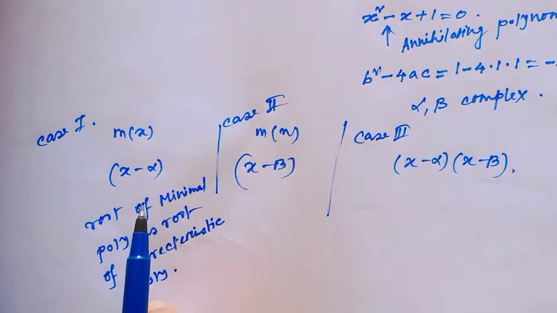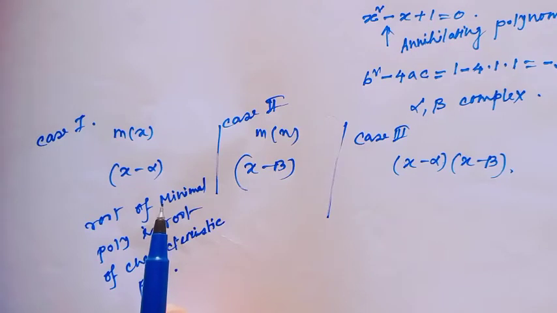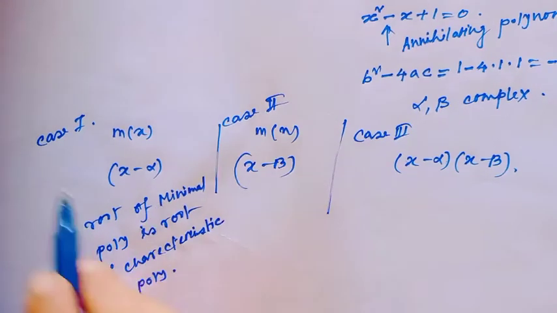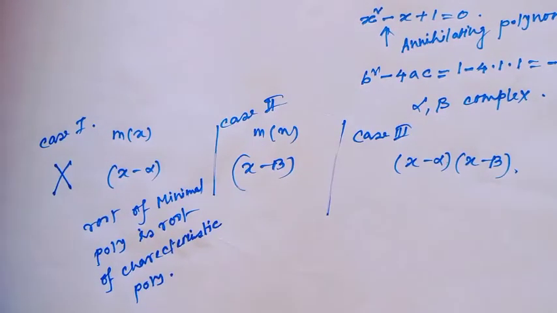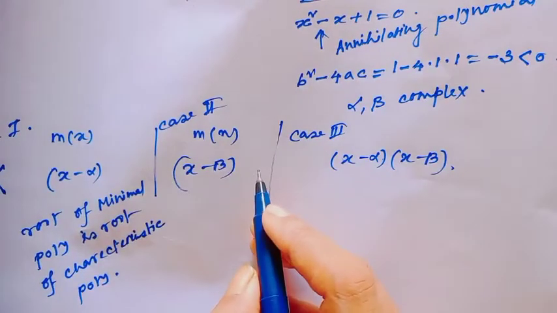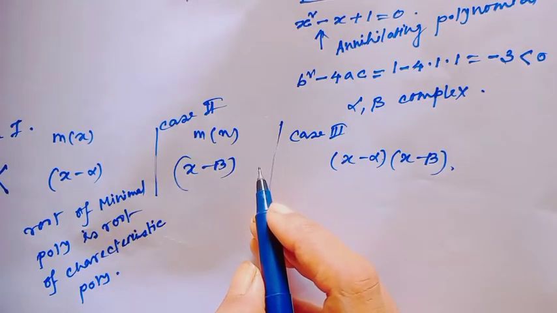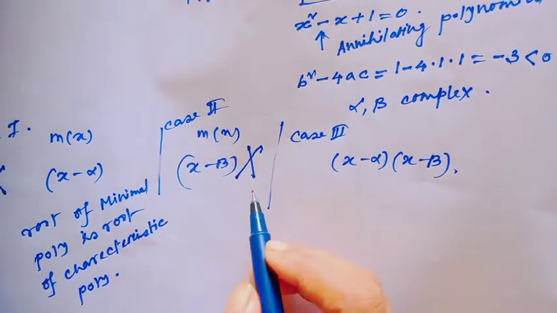But if we consider the minimal polynomial to be x minus alpha, then its conjugate is not possible. That means we cannot consider this minimal polynomial. Similarly, if we consider x minus beta, then its conjugate cannot be possible. So we cannot consider this minimal polynomial.